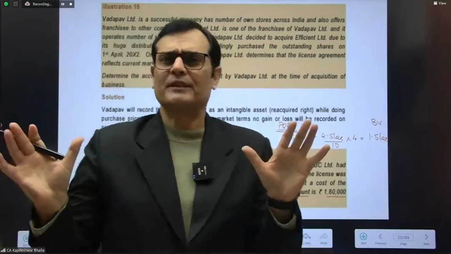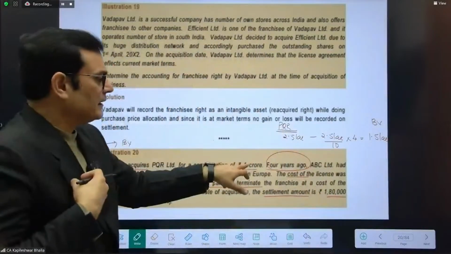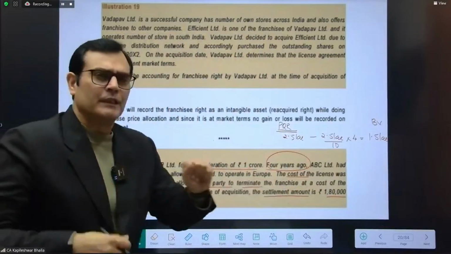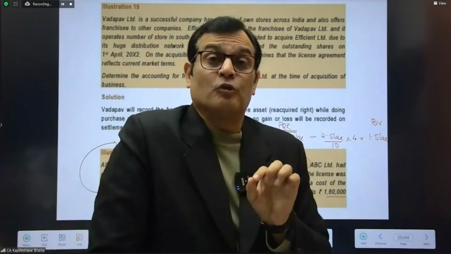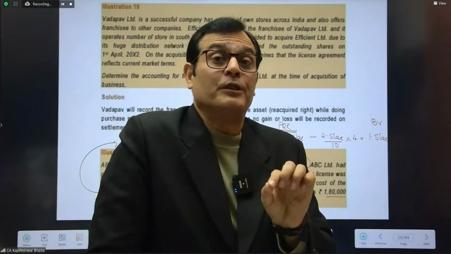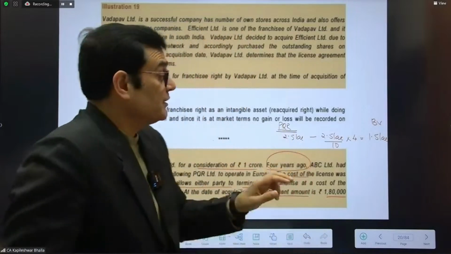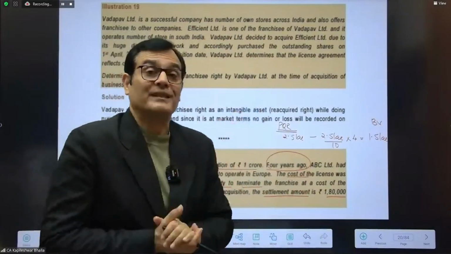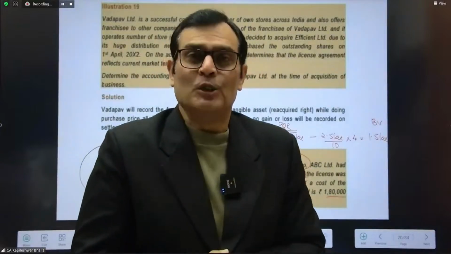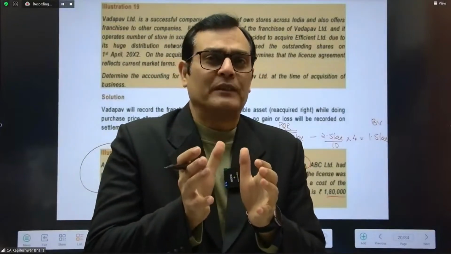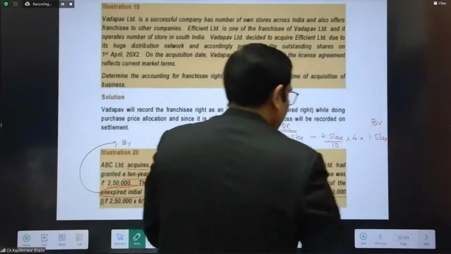Let's concentrate on this: I, as an acquirer, paid a consideration of 1 crore, including that 1,80,000, which is a settlement amount. So you can say the consideration paid for the business other than the pre-existing relationship is 1 crore minus 1.8 lakh. That comes to 98.2 lakhs. So when you make your entry for acquisition, the purchase consideration would be 98.2. Let's read further.